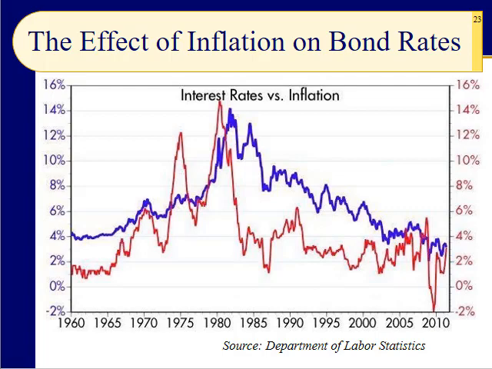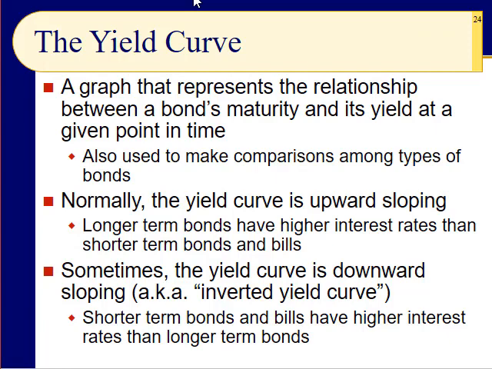So let us now continue with the yield curve, because as we said at the very beginning, the yield curve is a very interesting aspect of bond investing and bond analysis. Why? We're going to see.